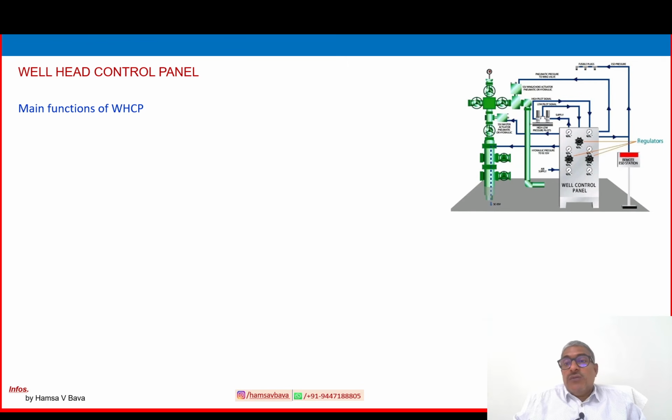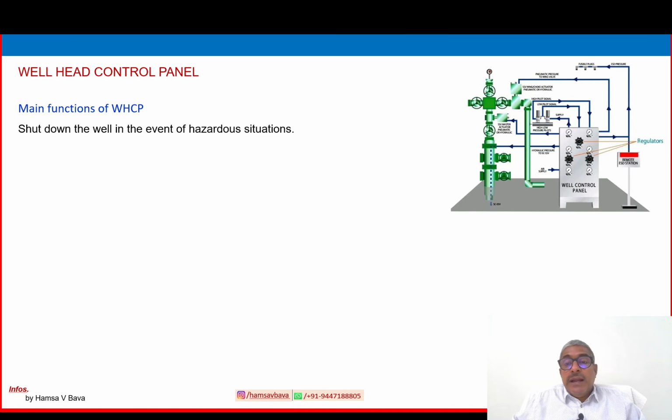Main functions of the wellhead control panel: shut down the well in the event of a hazardous situation. Earlier we discussed one, like a fire or high pressure or high temperature or high flow or gas leak or low pressure. So many events we can design and club with this wellhead control panel.